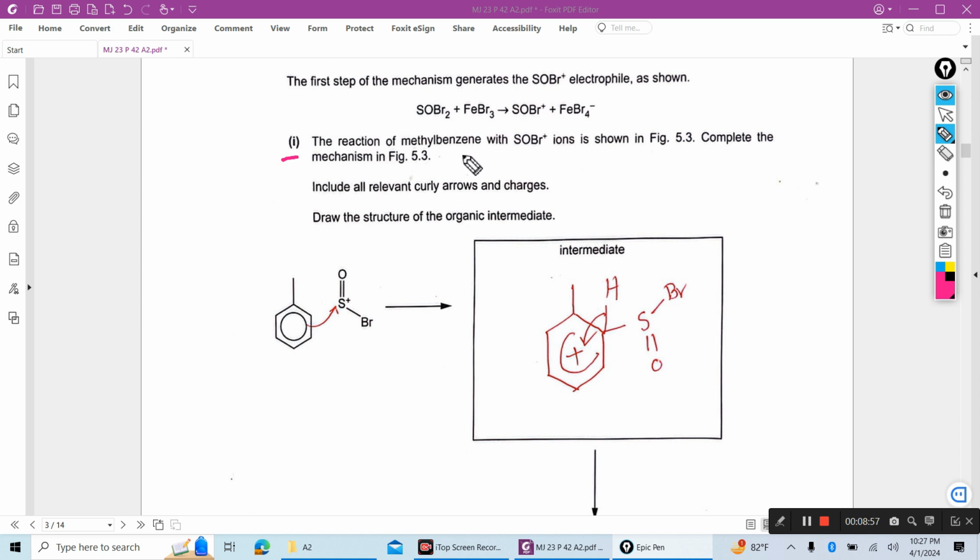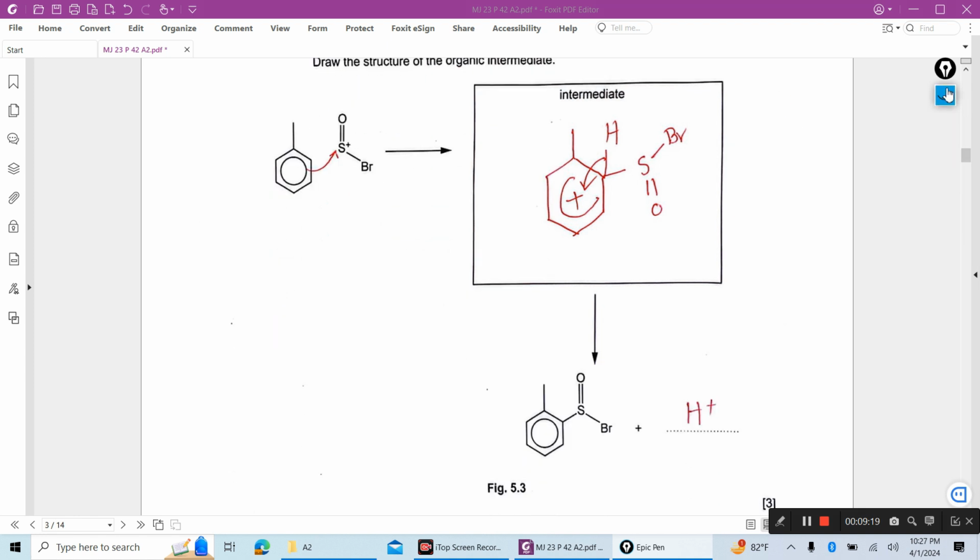Now the reaction of methylbenzene with the thionyl bromide ion is shown in figure 5.3. Complete the mechanism, including all relevant curly arrows and charges. Draw the structure of the organic intermediate. This reaction mechanism is electrophilic substitution.